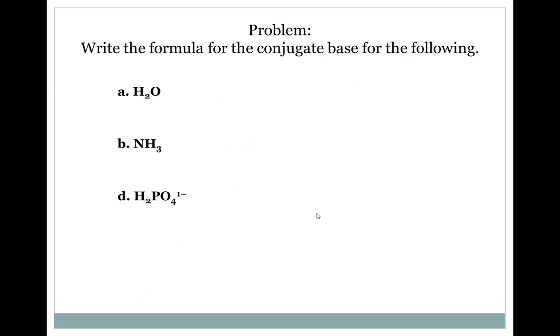Alright, so now let's write the formula for the conjugate base, which means these are all reacting as acids, which means these are all going to give up a hydrogen. So, H2O becomes OH. We're getting rid of a plus, so 0 minus 1 is -1.